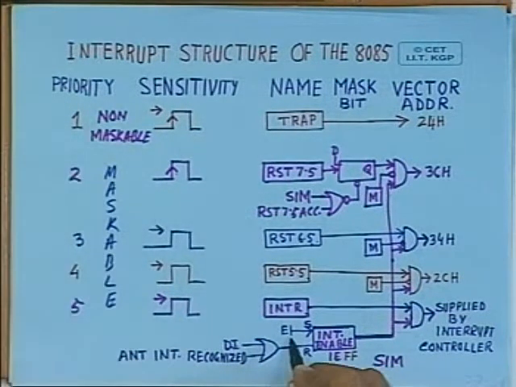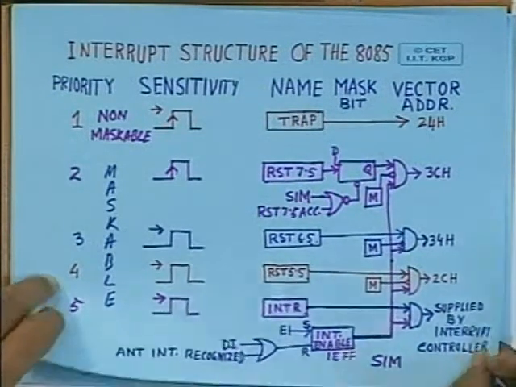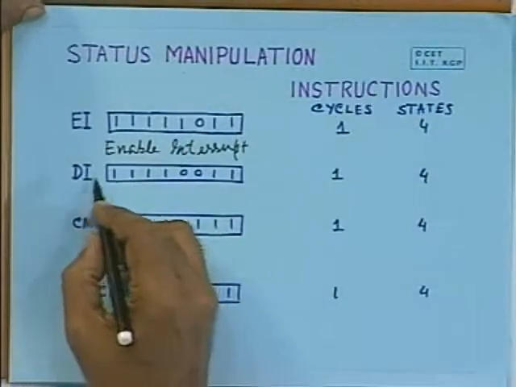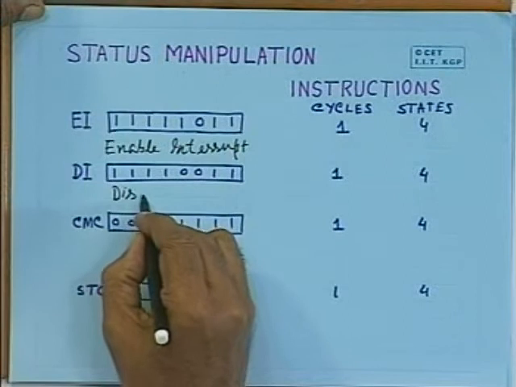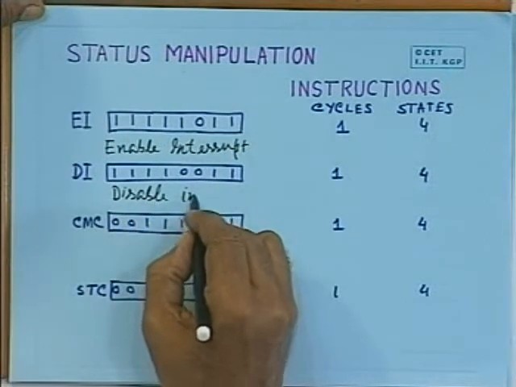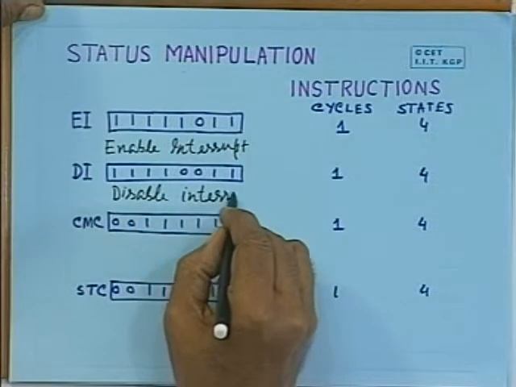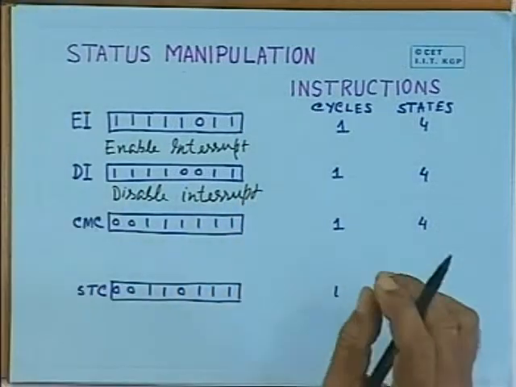So, by executing the enable interrupt and disable interrupt instructions, the flip flop which is part of that interrupt structure is modified.